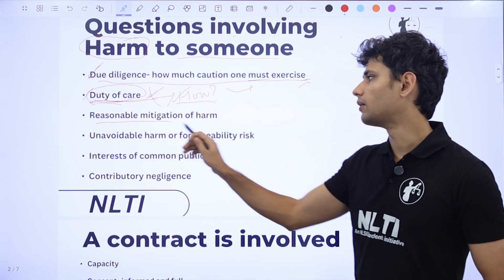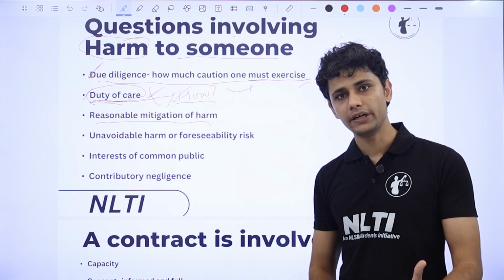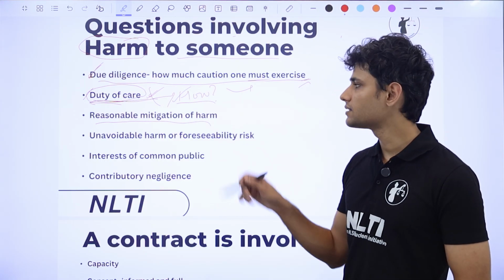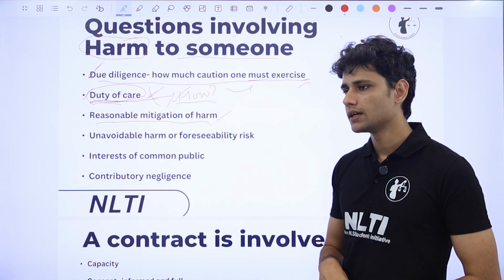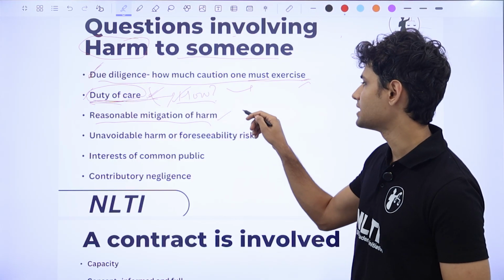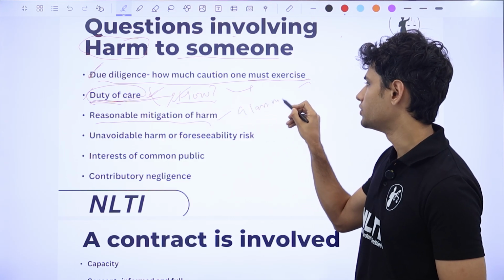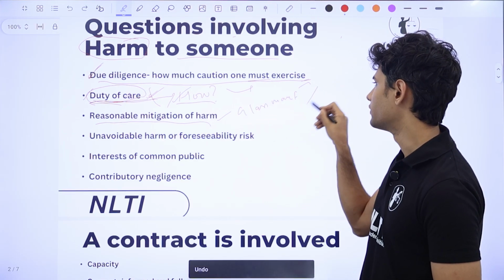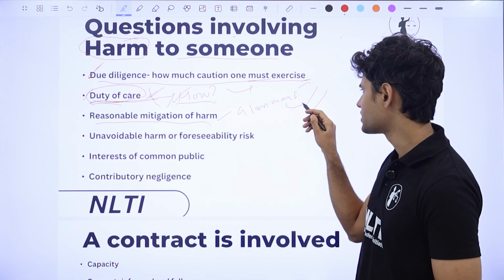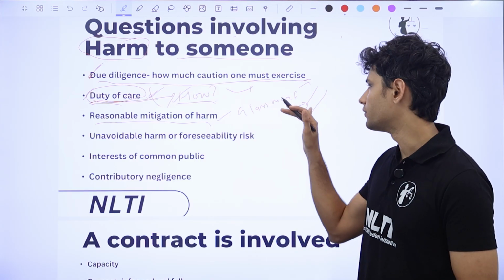Reasonable mitigation of harm. This means that once the harm has been done or is about to be done, are you trying to mitigate the extent of the harm? In many cases, this could be used wherein, let's say, some industry is operating on the river banks. For example, a glass manufacturing industry which is operating on the banks of a river, and this industry is routinely releasing sewage material into the river.